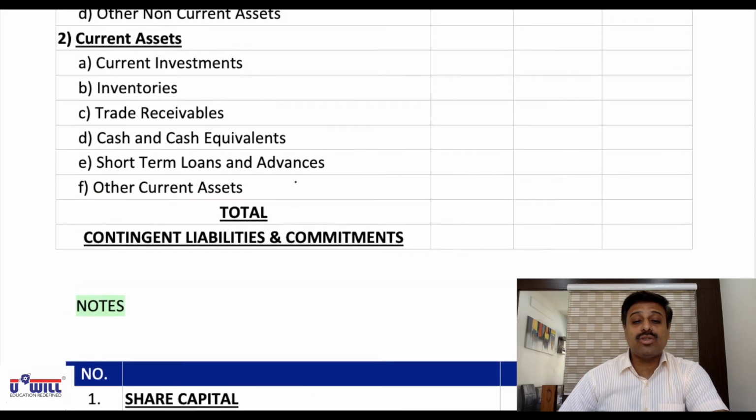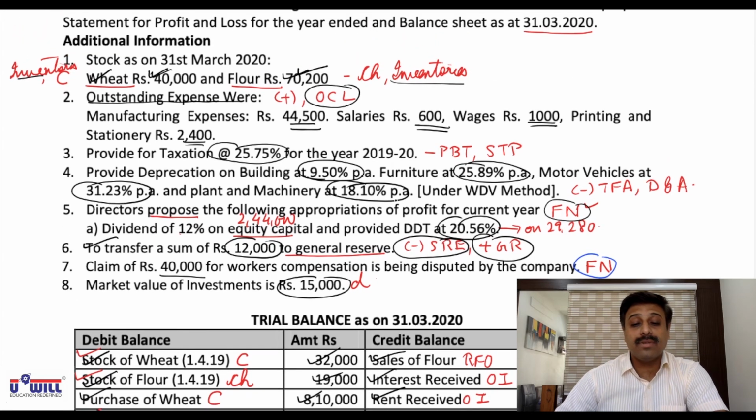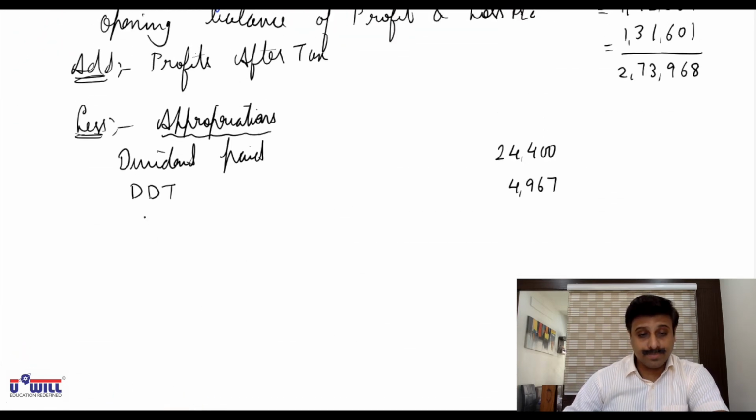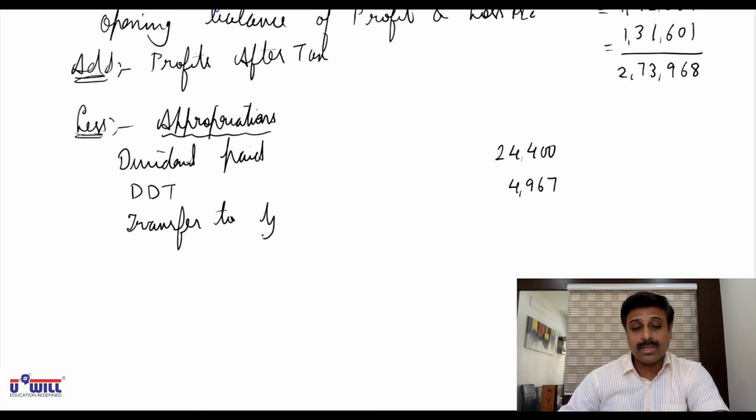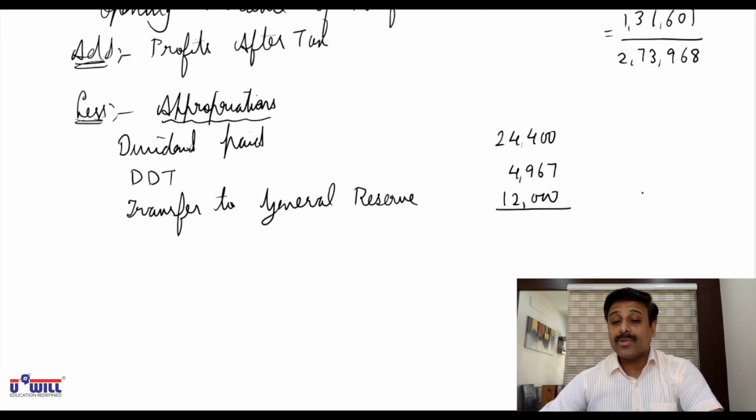Then the adjustment is also there: transfer to reserves, 6th adjustment, 12,000, transfer to general reserve. These three appropriations we have to minus: 24,400 plus 4,967 plus 12,000, that is 41,367.